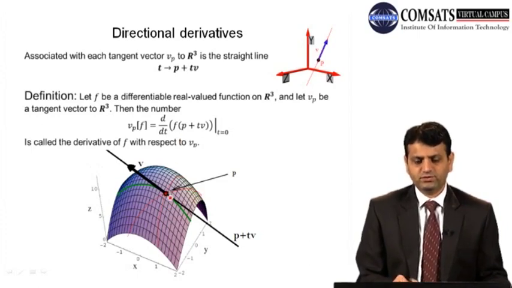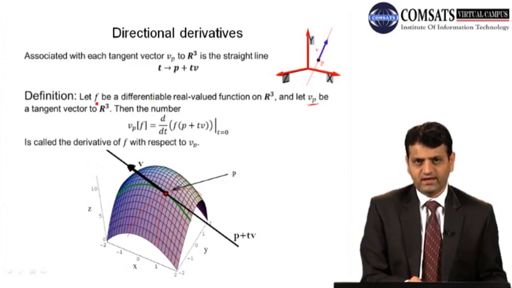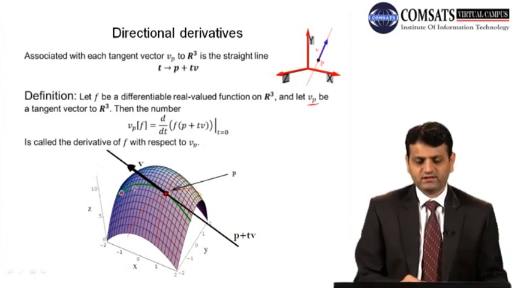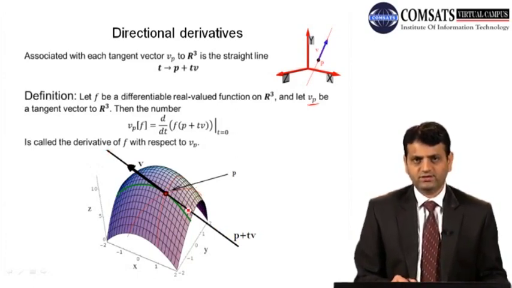But we choose one direction, the direction associated to this vector V at P, because corresponding to V at P there is a line, and corresponding to this line there is going to be a curve on the surface. The directional derivative of the function f in this direction, the line direction, would mean that you are actually differentiating this curve in the same way that you did in calculus of one variable. So this is a curve, you can easily differentiate it.